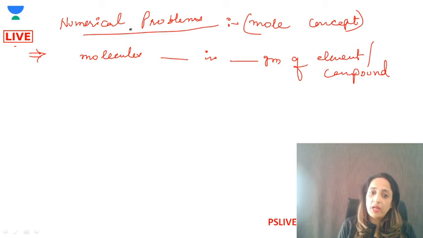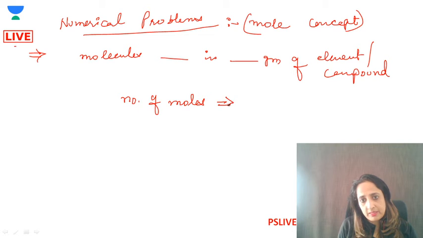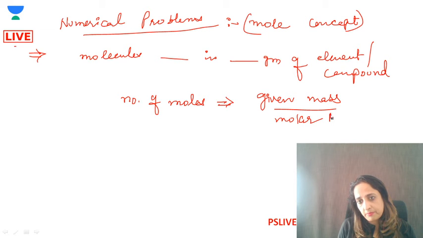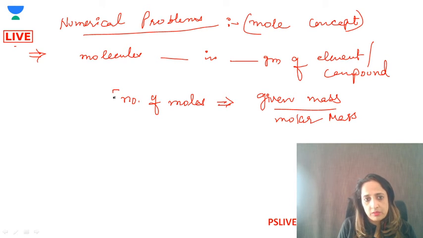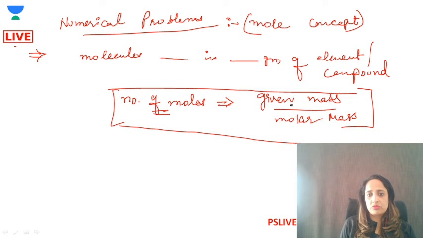For that, you have to remember one formula: number of moles is equal to the given mass divided by molar mass. Number of moles is equal to given mass divided by molar mass.